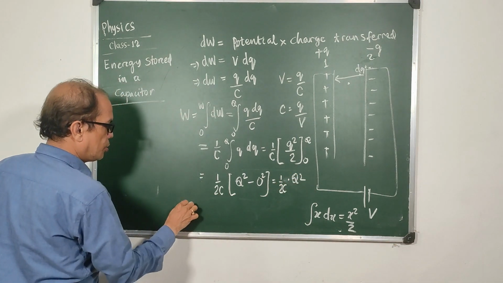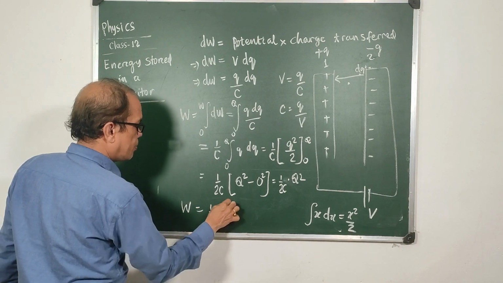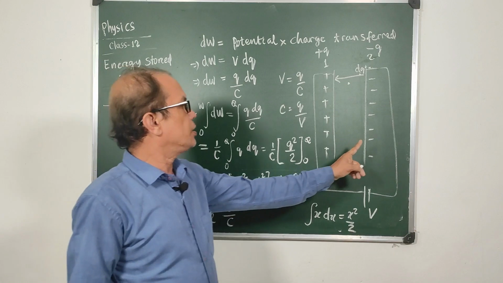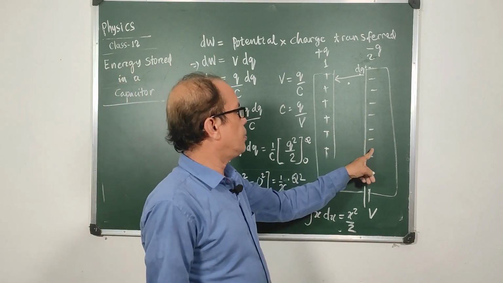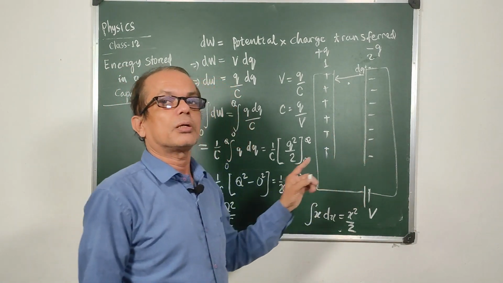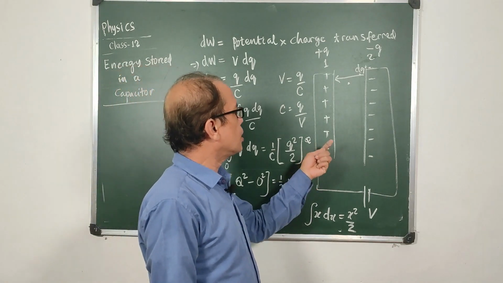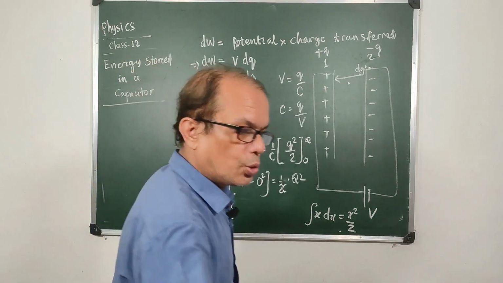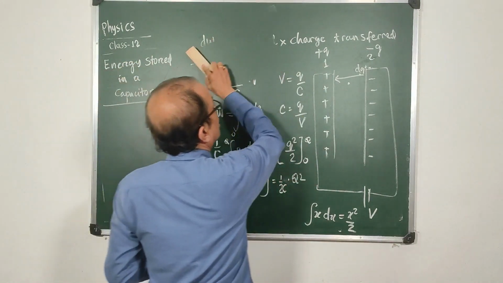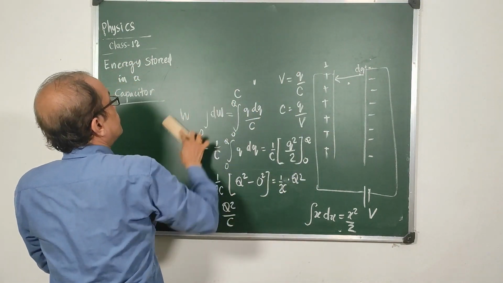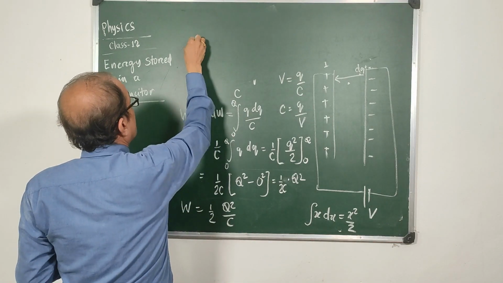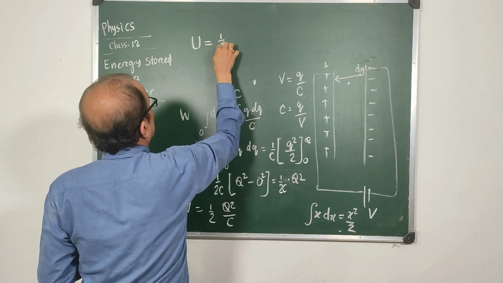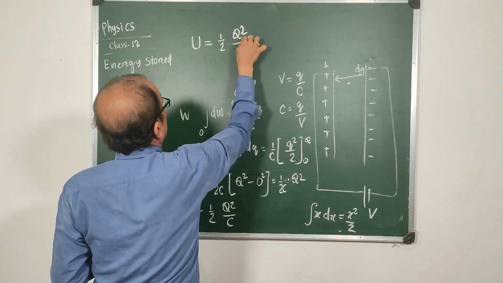So you get W is equal to half Q square by C. This is the work done in transferring the charge from the second plate to the first plate so that the capacitor becomes charged, and that energy is stored as the energy of the capacitor. So if the energy of the capacitor is taken as U, this becomes half Q square by C.